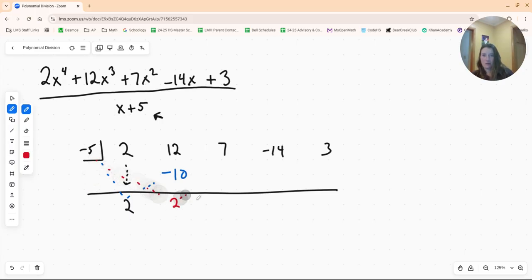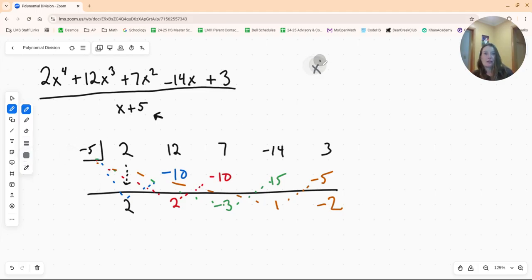Negative 5 times 2 is negative 10. 7 plus negative 10 is negative 3. Negative 5 times negative 3 is 15. Negative 14 plus 15 is 1. Negative 5 times 1 is negative 5. And I got something that wasn't 0 at the end.